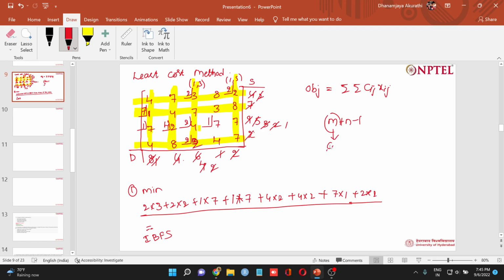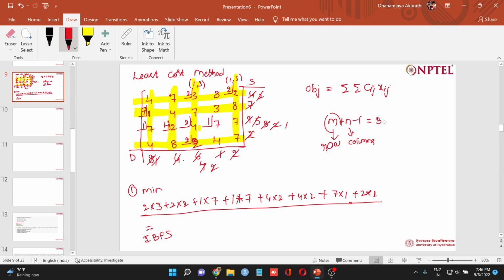If, after getting the solution by any method, like northwest corner rule, least cost entry method or Vogel's method, the number of basic cells is equal to m plus n minus 1, then only we can say that the feasible solution can be attained.